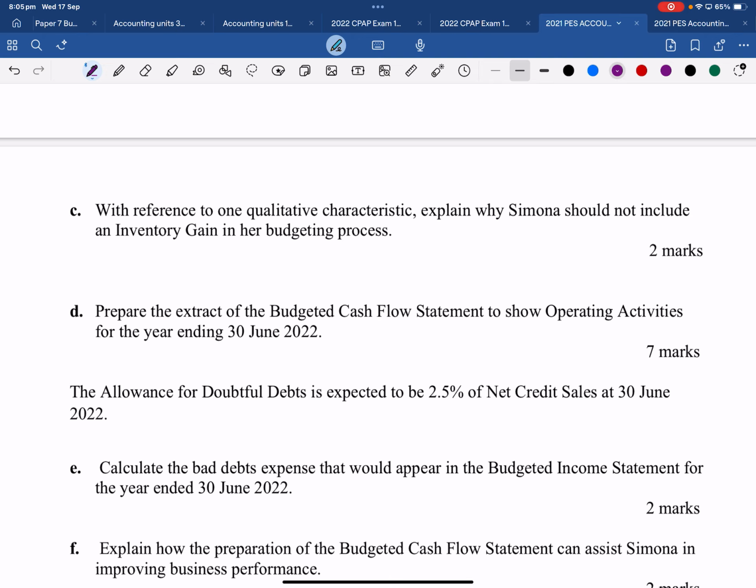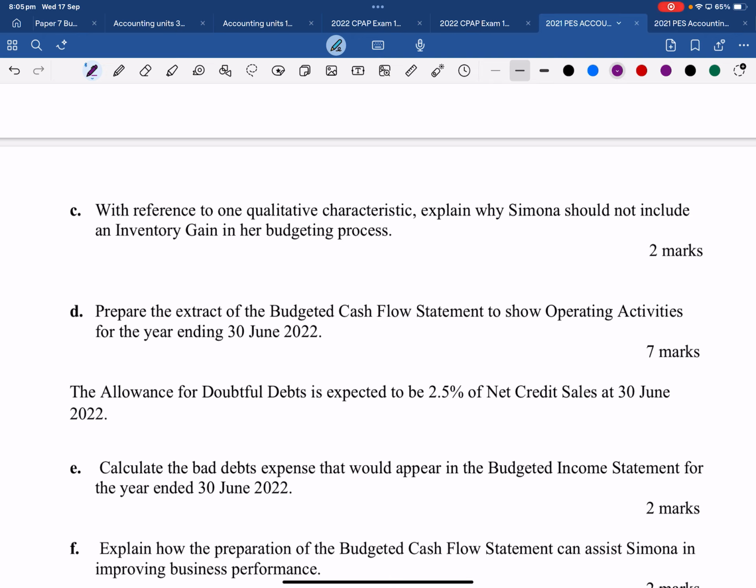Can't remember. Which one? Relevance, yes. Right, then this one, referring to one characteristic, explain why she shouldn't include inventory gain. Probably inventory loss is the same story, but rather inventory gain. We are kind of exaggerating our revenue. Inventory gain would have happened only when we compare the actual quantity we have with our inventory card.